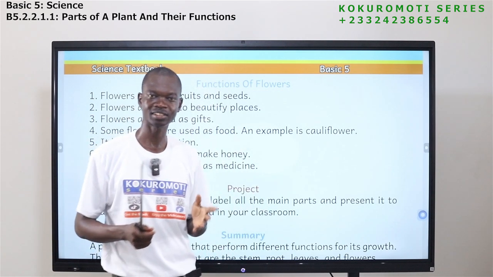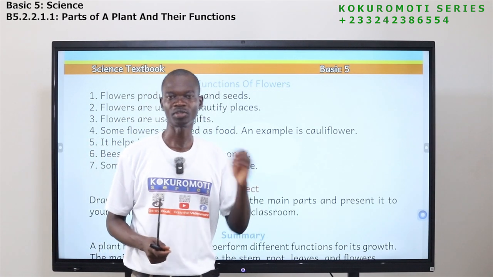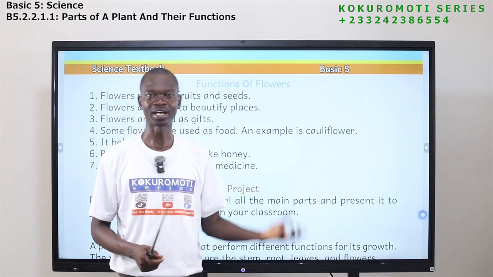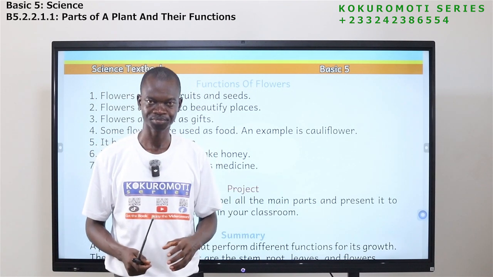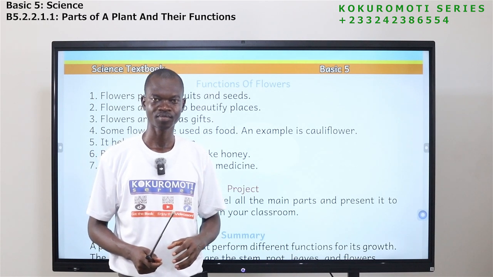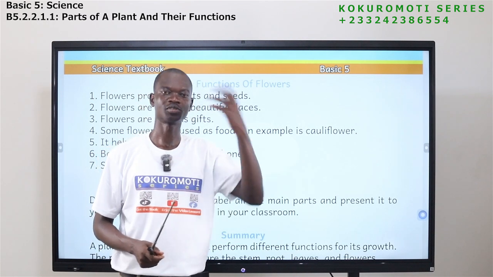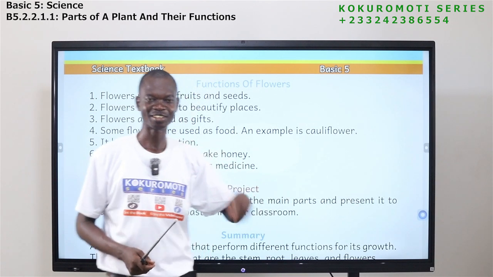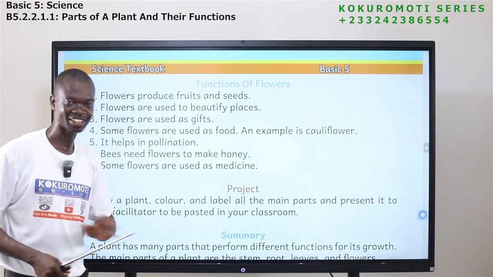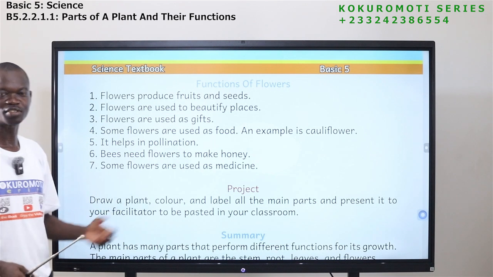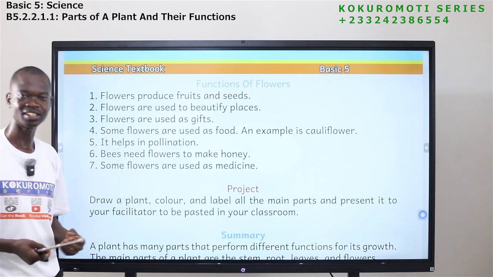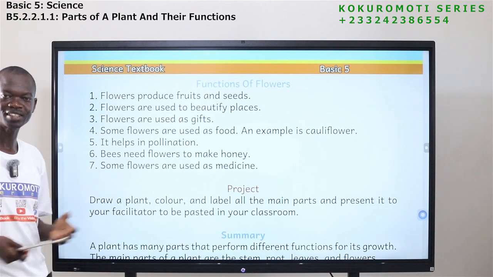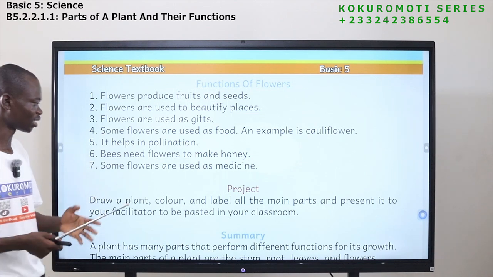In fact, without plants, human beings cannot survive, because even the air that we breathe in, the oxygen, plants give oxygen. The carbon dioxide that we also give, plants also use it. So we depend on them, they also depend on us. But you should know that if plants are not there, human beings too will die, because the food that we eat, we get it from plants. The medicine that we prepare, herbal medicine, we get it from plants. So many things. So we depend on plants.